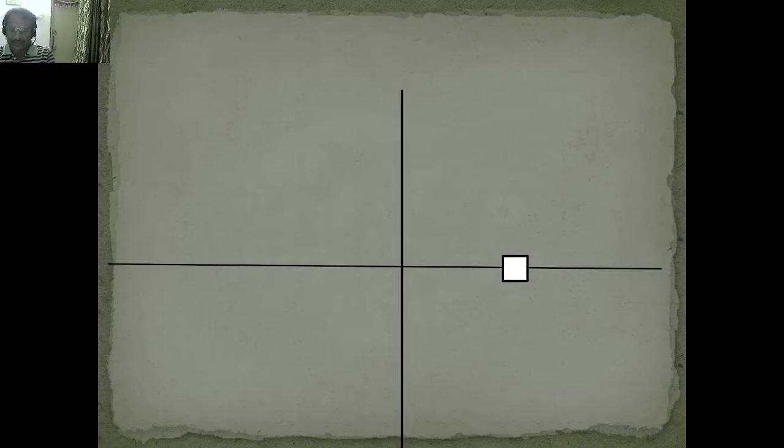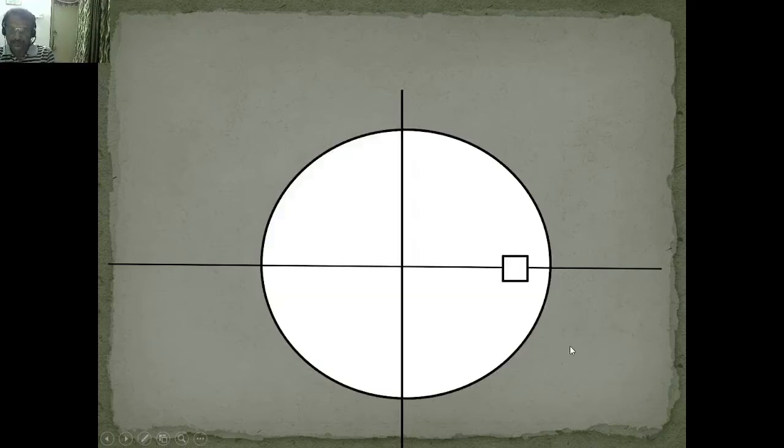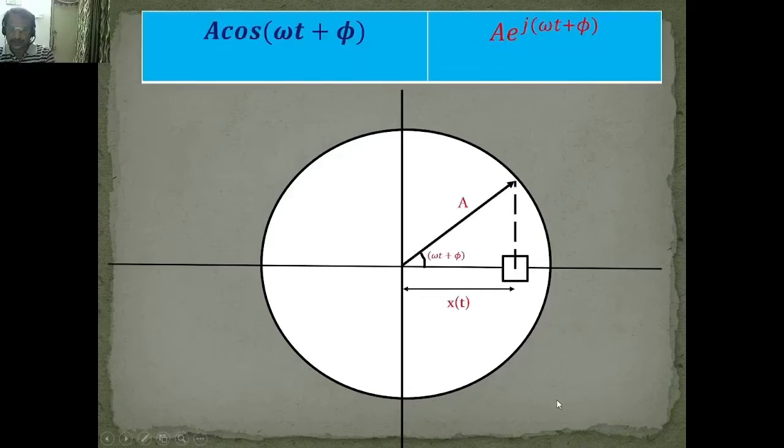geometry in a circle. So what we have is a simple harmonic motion. We can take the simplest case of a spring mass system which is oscillating around this mean position. So what we do is, we imagine a circle whose radius is equal to the amplitude of the oscillation. So at t equal to 0, for example, let's say this is at t equal to 0, the vector makes an angle of phi, which is the initial phase.